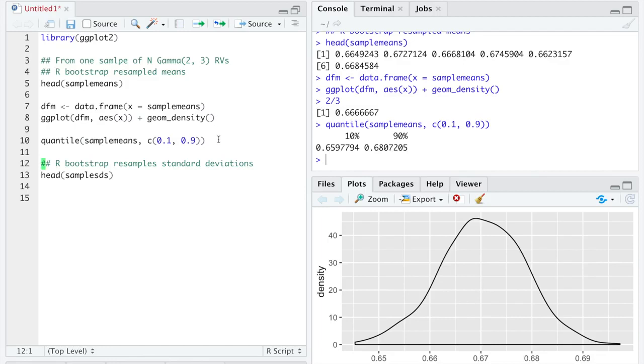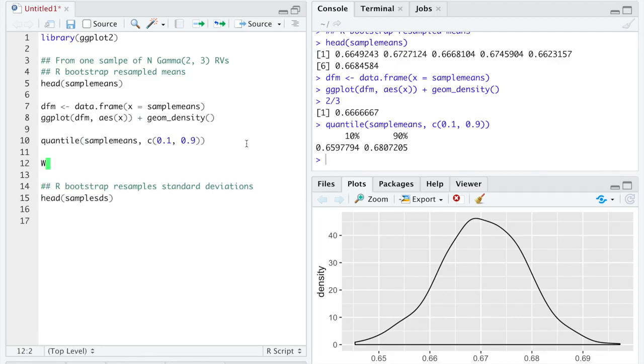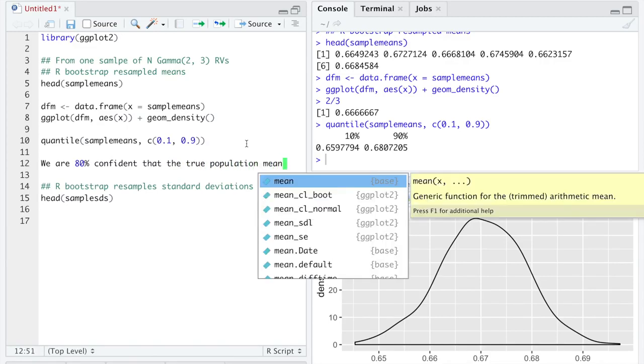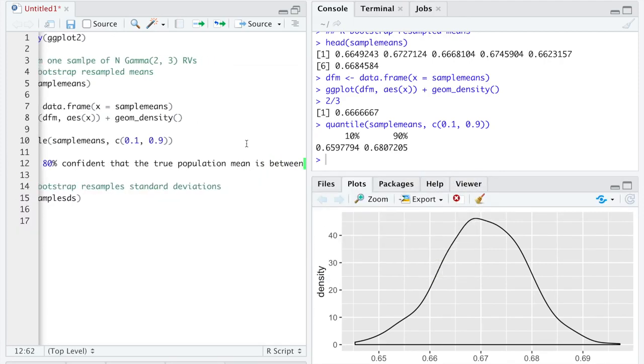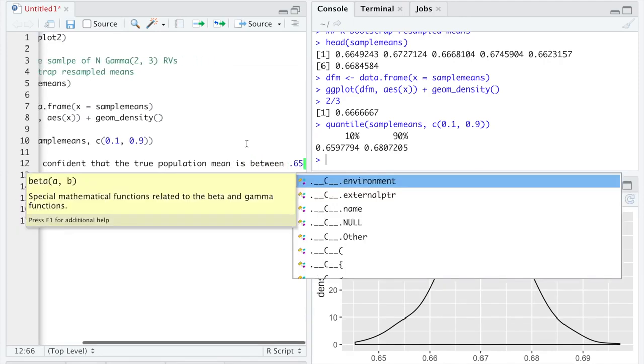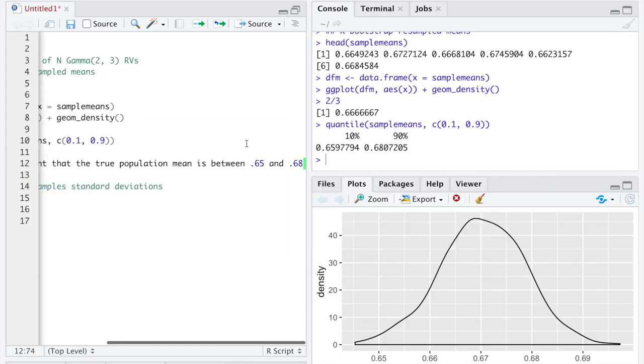We would say, from this confidence interval, we are 80% confident that the true population mean, because we calculated sample means in this bootstrap resampling, that the true population mean is between 0.65 and 0.68.